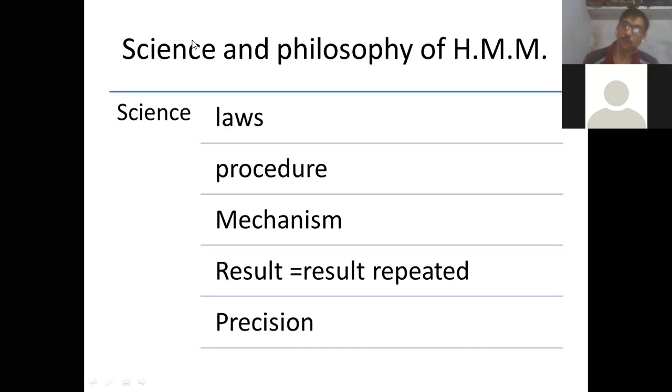So these are the two laws. Every science is governed by certain laws. Similarly, homeopathic materia medica is also governed by the law of similia similibus curanter and the therapeutic law, the law of therapeutics, that is given in episode number 26.